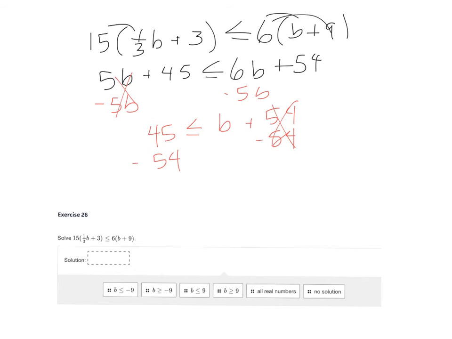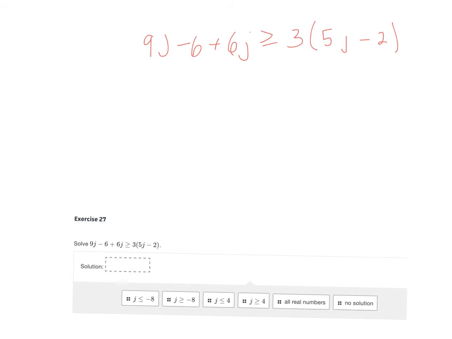Over here on the right, that's going to cancel. 45 minus 54, I'm going to end up with negative 9, less than or equal to b. We're going to flip it. That's going to become b is greater than or equal to negative 9. So we are looking for b is greater than or equal to negative 9. That one right there.